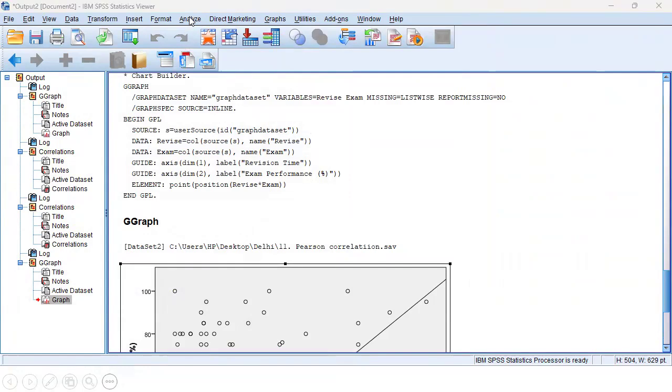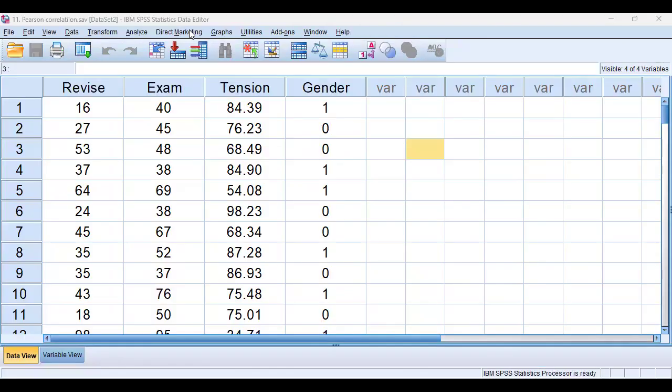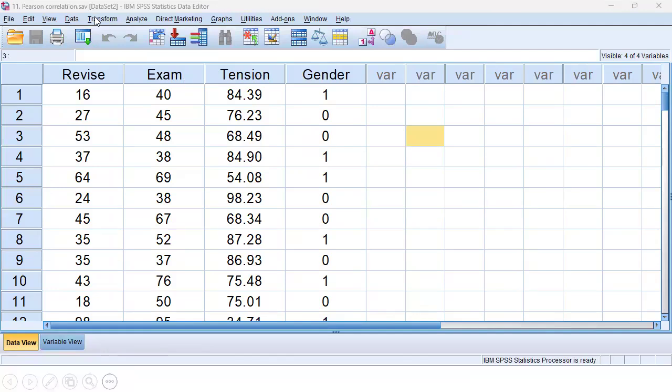Now you can check the other relationship, whether exam performance and exam tension are negatively or positively related. Although through the formula we found there is an inverse relationship, through the graph also we can understand.